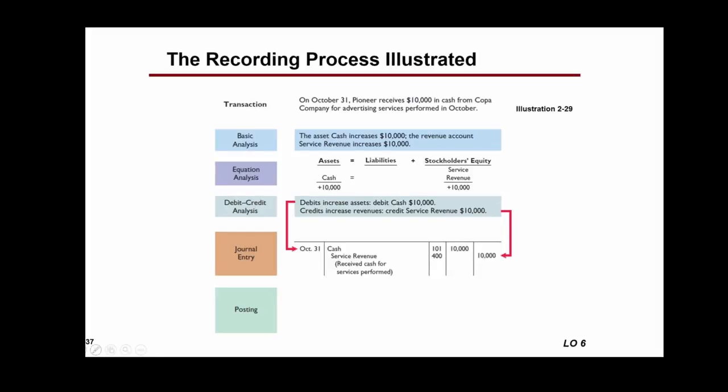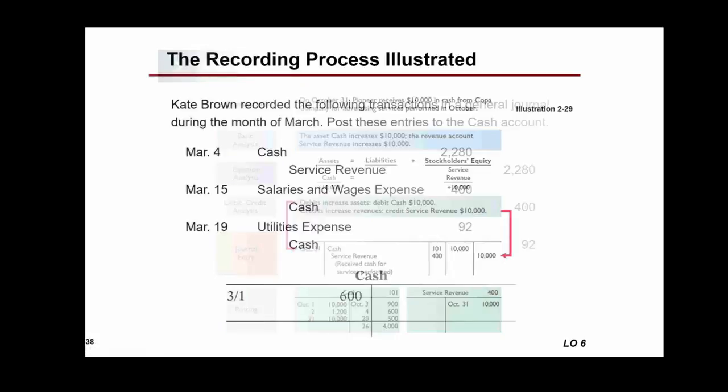The journal entry, again remember the date, then you have the debit account, credit account, and the amounts that correspond to each one of them. And underneath that, you have the explanation. Any questions? Last step would be to post them to the accounts. Any questions?